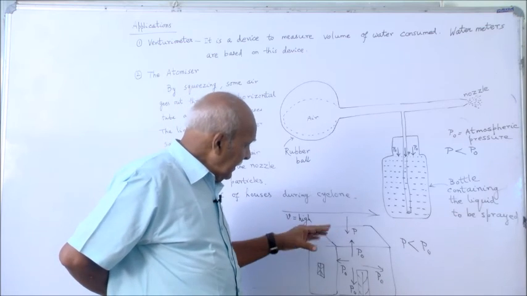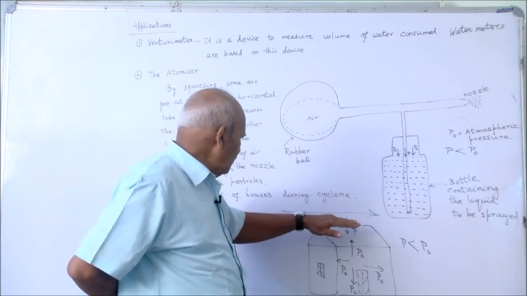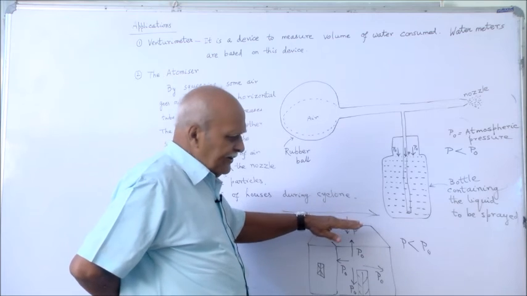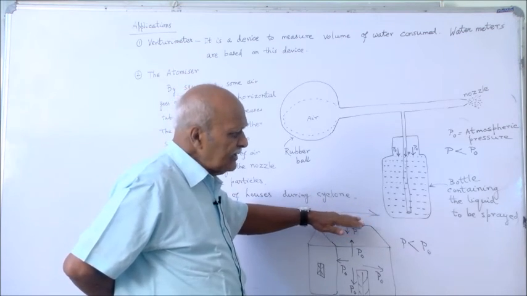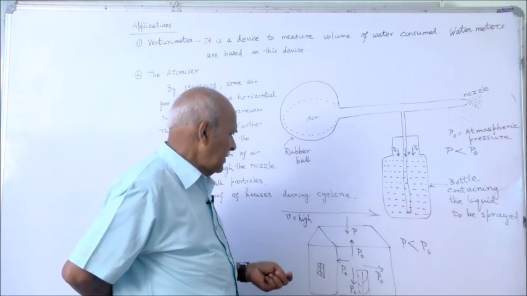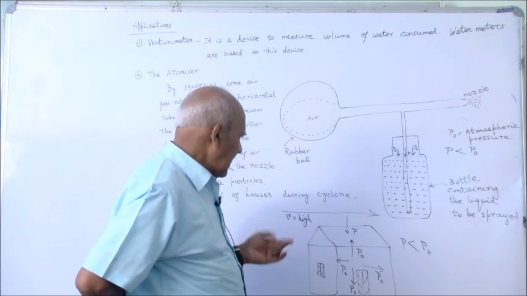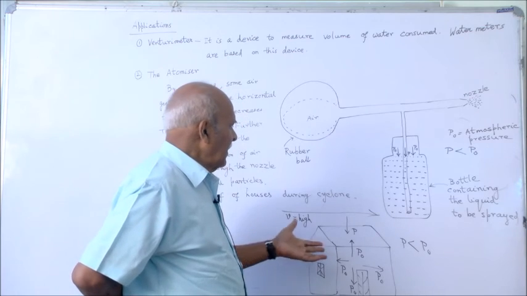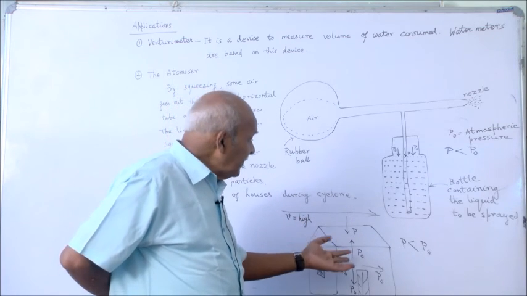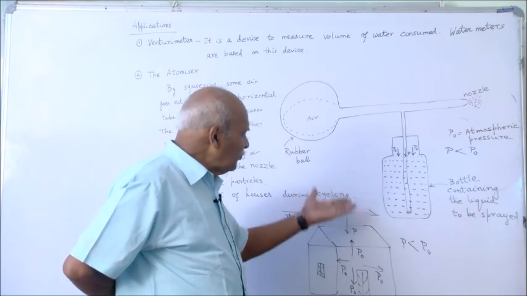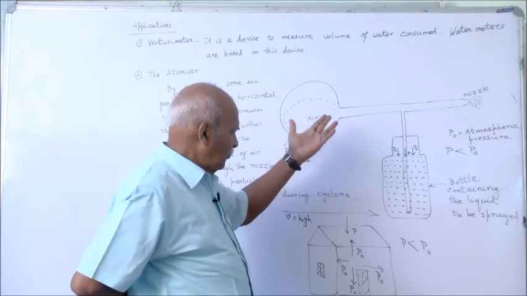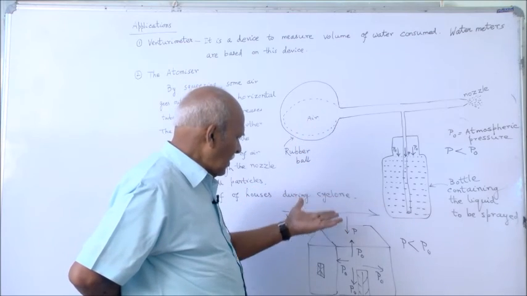Then, if the roof of the house is light, not very heavy. If it is concrete, it is heavy, otherwise it is quite light. Then this pressure inside the room pushes the roof to some amount.